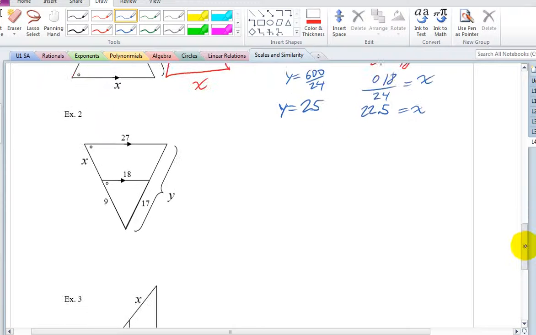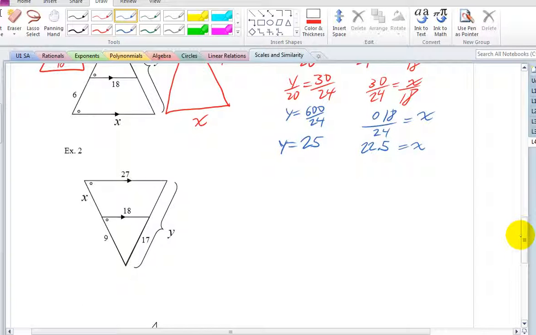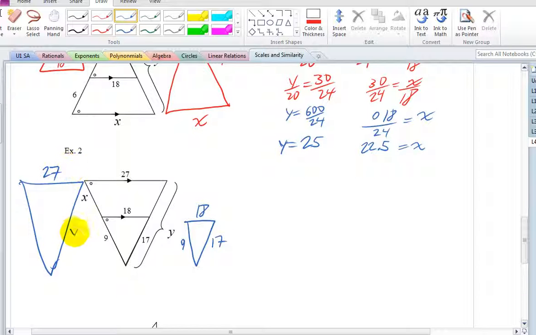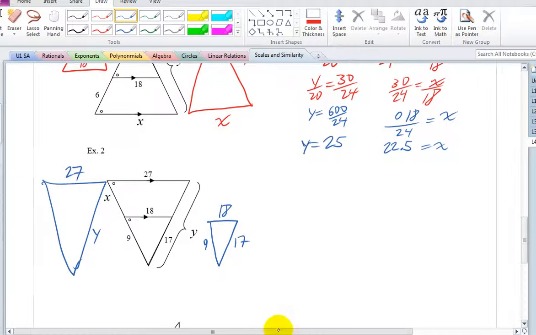So the next one, draw your two separate triangles. This one's going to be a little more complicated. What's this last one?